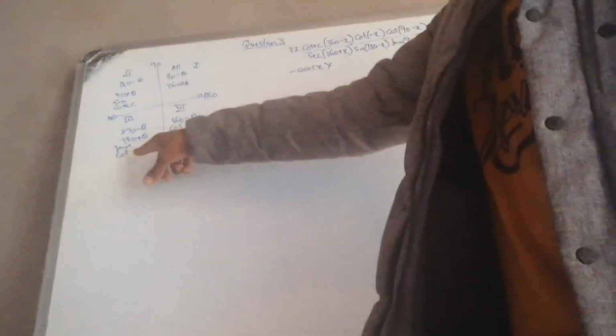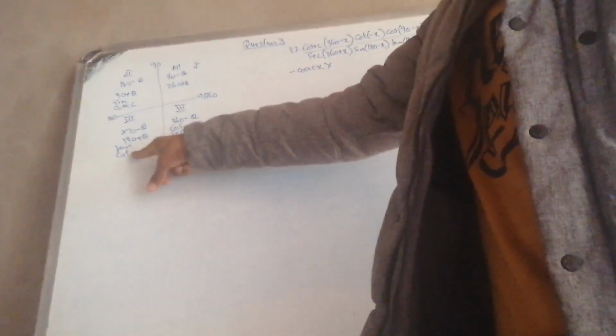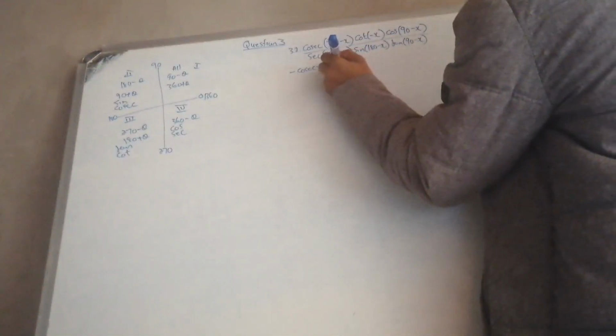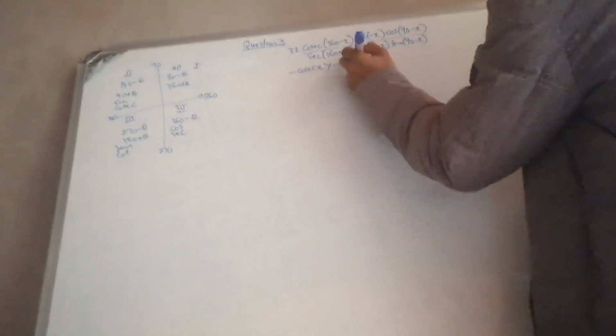I know that you have cot of a negative angle, that will be negative cot x, okay? Because I know that the sine of a negative angle equals, the cos of a negative angle equals the cos of a positive angle. And then 90 minus would be the first quadrant, and all the trigonometric ratios are positive, but the name changes from cos to sine.